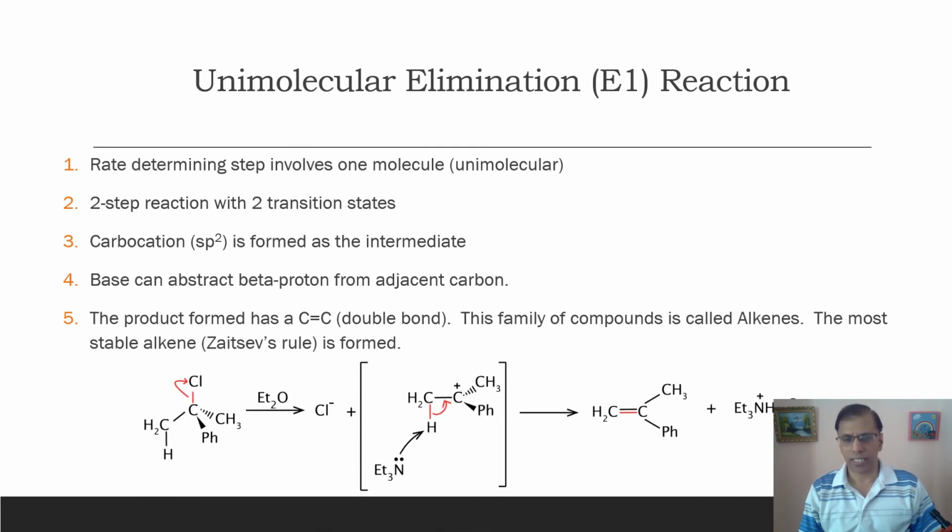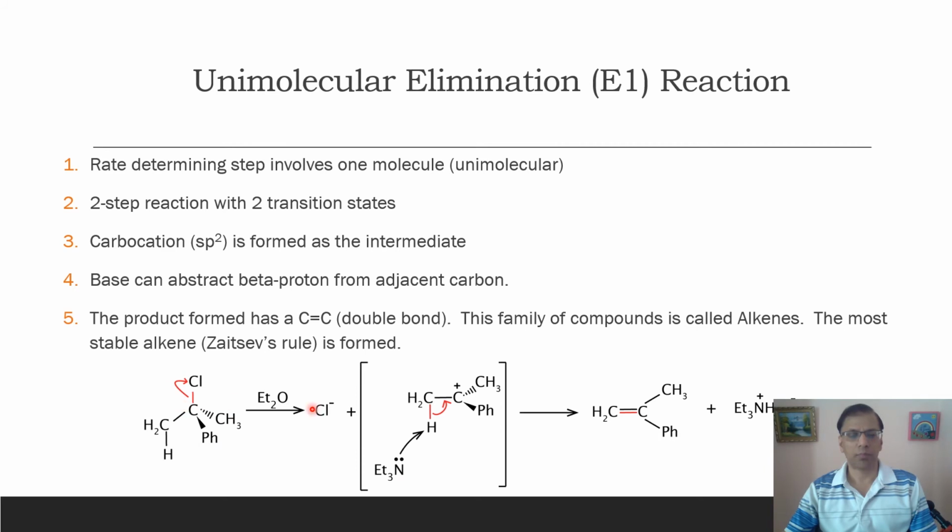So let's look at an example. In this particular case, you can see this is an alkyl halide. This is the alpha carbon, and this is the beta carbon. The beta carbon has 3 hydrogens attached to it. In a solvent such as ether, and in the presence of triethylamine, it will undergo an E1 elimination reaction.